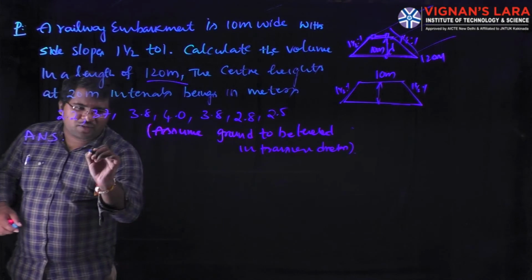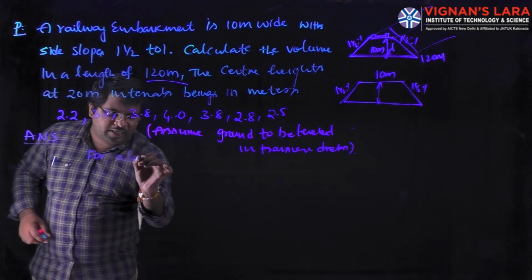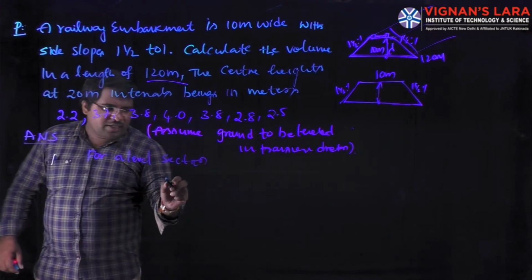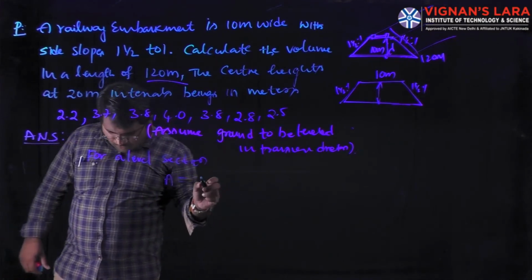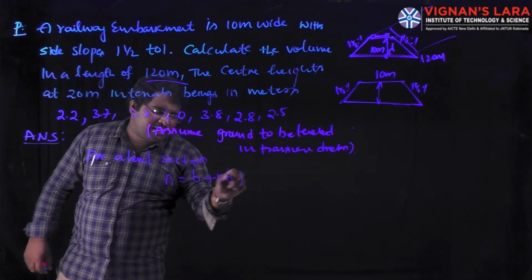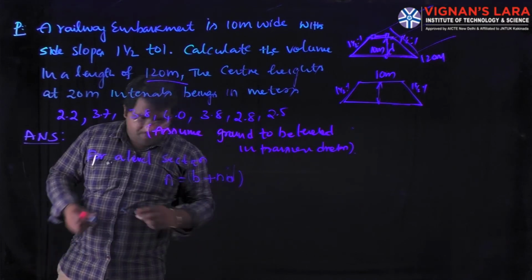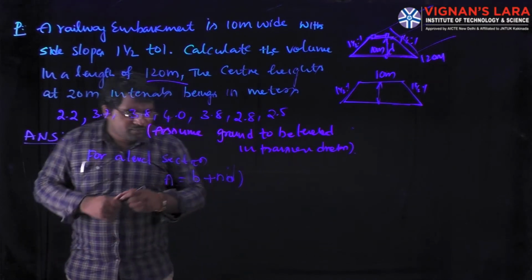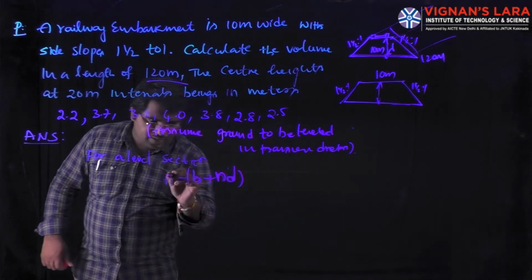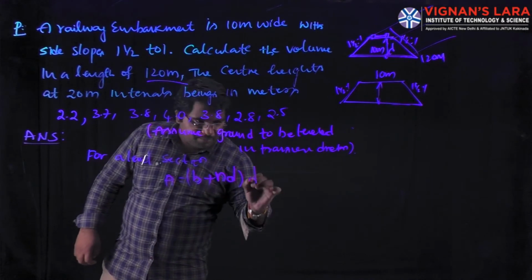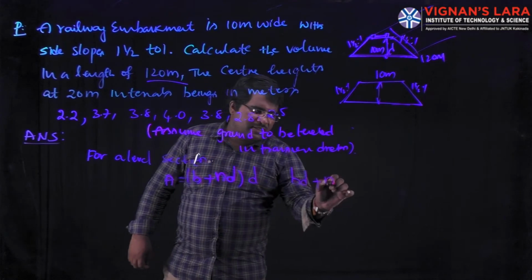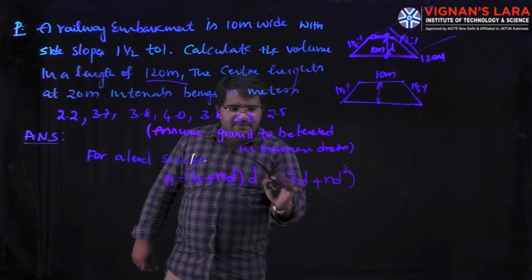For a level section, how do we calculate the area? The area is A equals B plus ND into D, otherwise BD plus ND square.